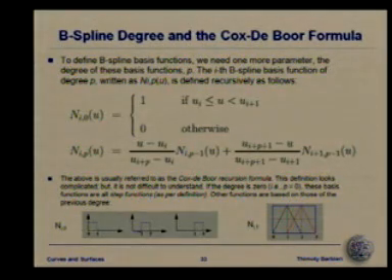Over here, you see, this function is 0 everywhere, except in one span near the control point to which it is related. This is the first level Cox-de Boer formula attached to P0. This is the first level Cox-de Boer formula attached to P1. This is the first level Cox-de Boer formula attached to P2. P being the control point.